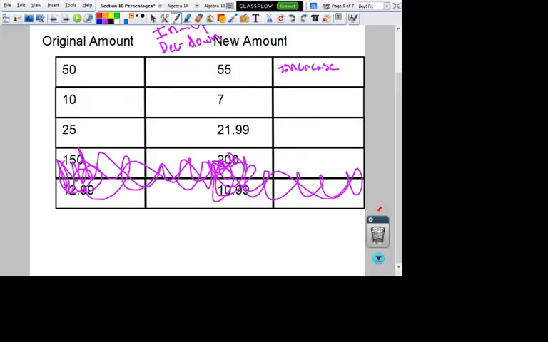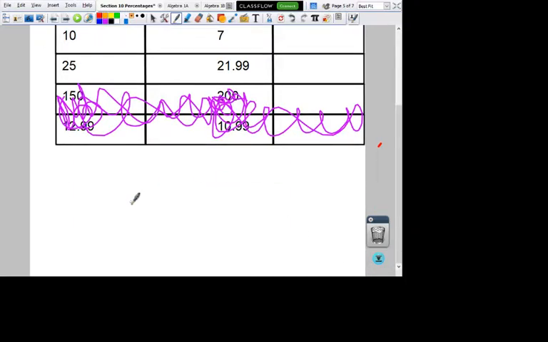Okay, so let's look at this first one. Hey, Kyle, help me out. What did you get for the decimal on this first problem here? What was the decimal? Not your final answer, but your decimal. On that first set of problems. What did you get for your decimal?